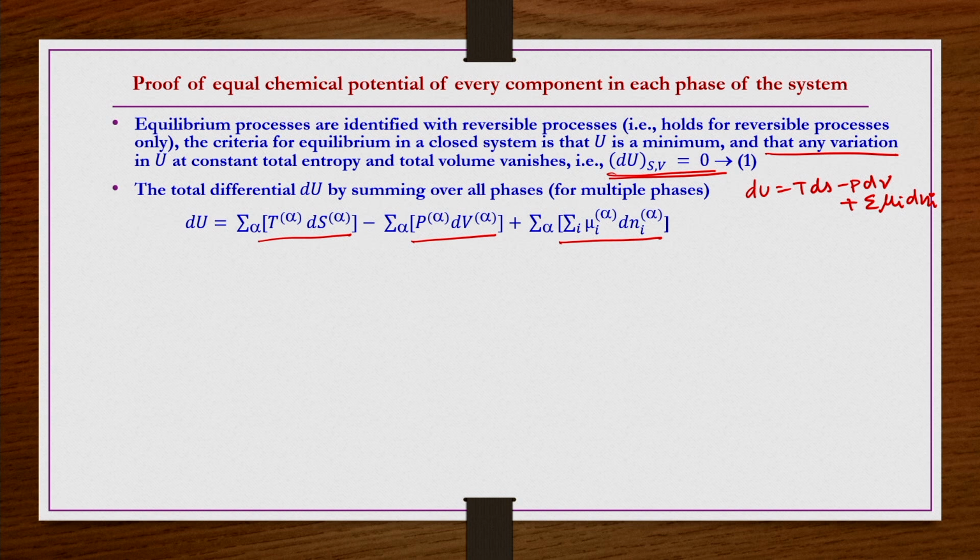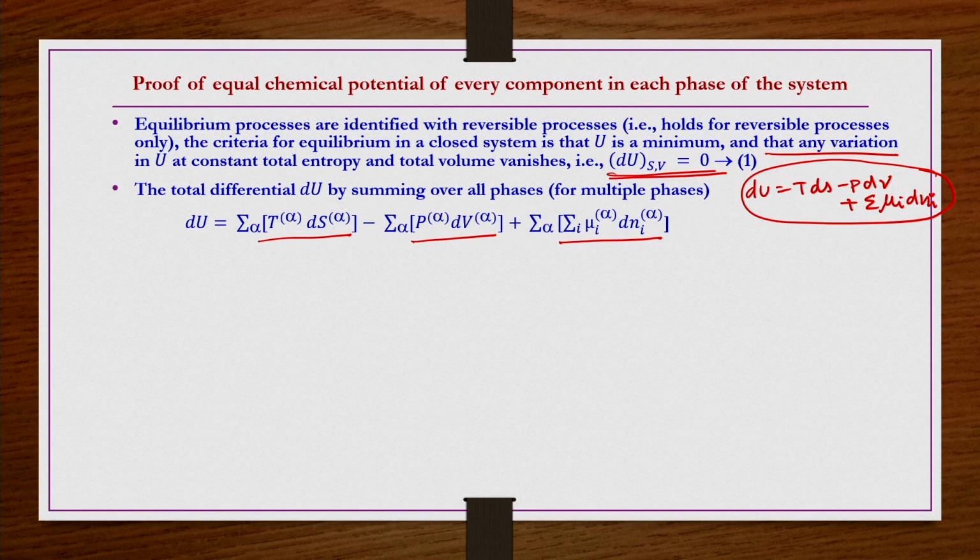If you write for only one phase, you will have the equation that we have already derived in the previous lecture. If you have n number of phases coexisting, and the system is a closed system, and the process occurring in that closed system is reversible, then we have dU equals sigma T^alpha dS^alpha minus sigma P^alpha dV^alpha plus sigma over alpha of sigma mu_i^alpha dn_i^alpha.